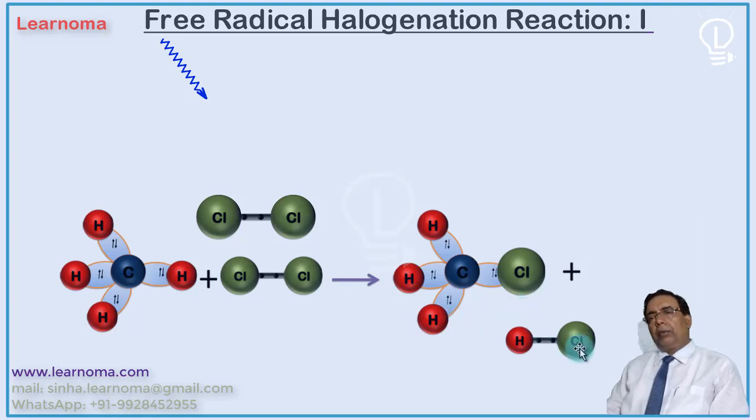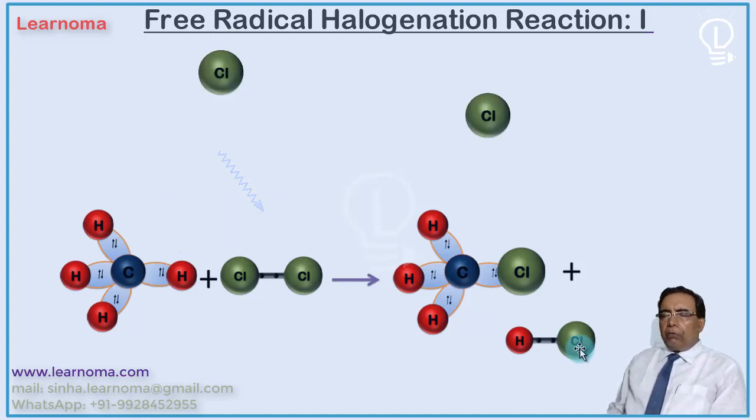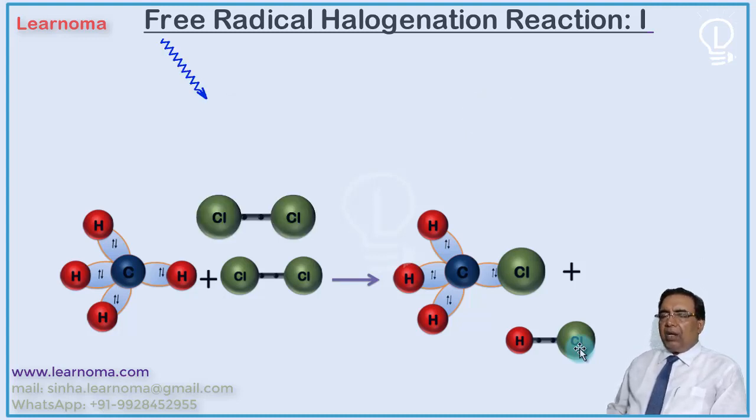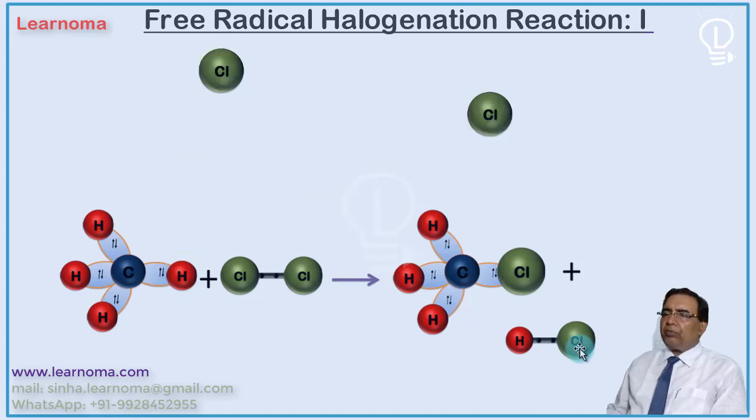Hello, today I am going to discuss the free radical halogenation reaction, the free radical mechanism in organic chemistry. In this session and in coming sessions I will discuss the halogenation of alkane and the halogenation of alkene also, which take place through a free radical reaction mechanism.